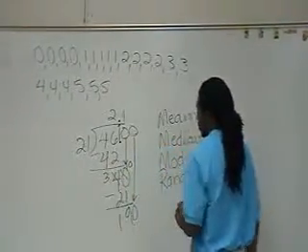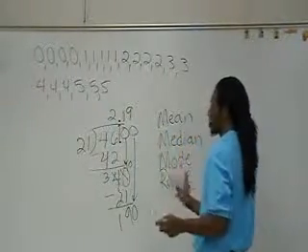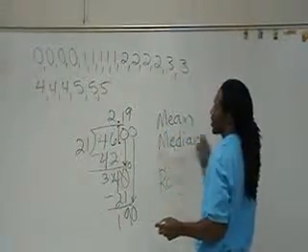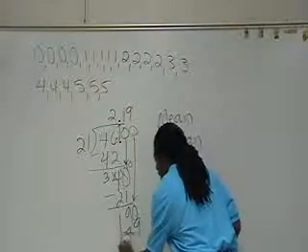21 into 190 would be 9 times, because 20 times 9 is 180. So 21 times 9 will be 189.